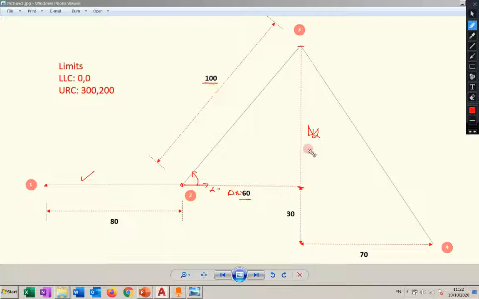Let's first find delta y, which is the easiest one, other than the angle, because for the angle you have to use cosine inverse of 60 over 100.